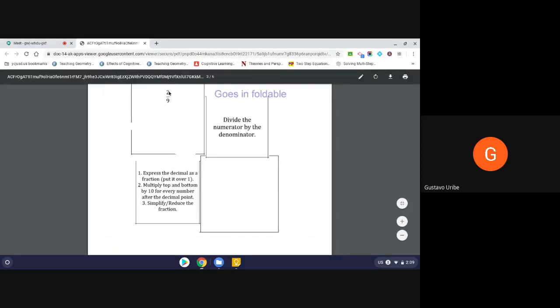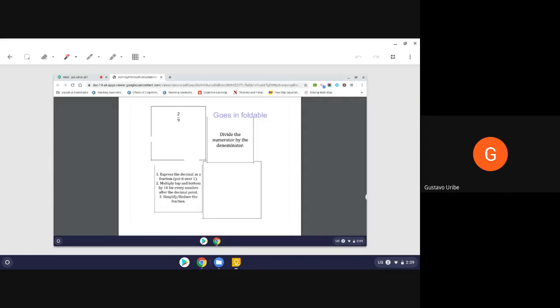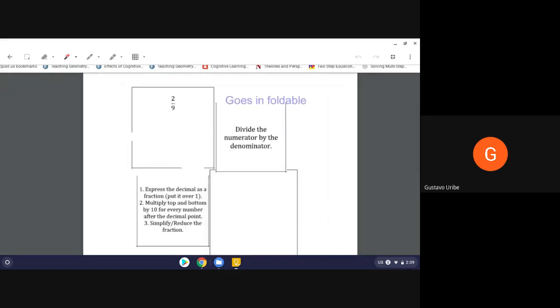So if you see 2/9, you could also read it as 2 divided by 9. This line right here that represents the fraction is a division problem. So 2/9 can also be written as 2 divided by 9. That's another way of writing it.